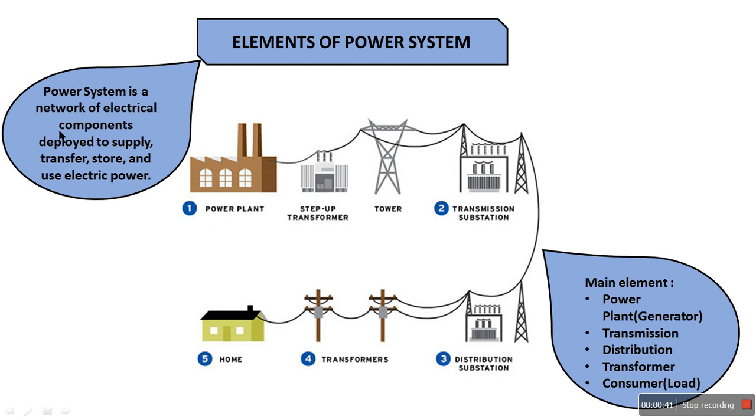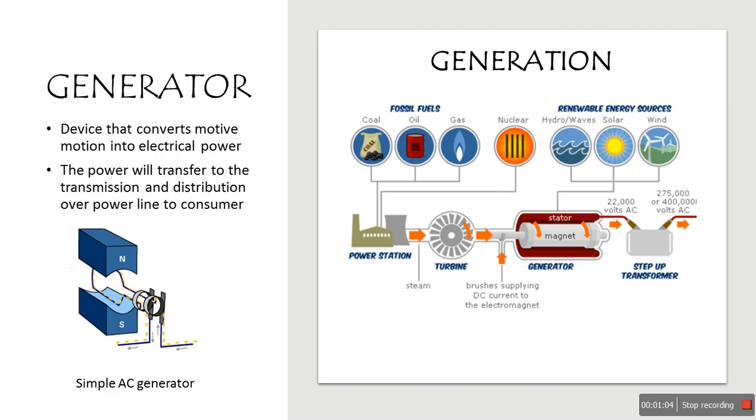So a power system is the network of electrical components deployed to supply, transfer, store and use electric power. As we know, the main elements are the power plant such as a generator, transmission, distribution that distributes the load, and transformer, and lastly the consumer.